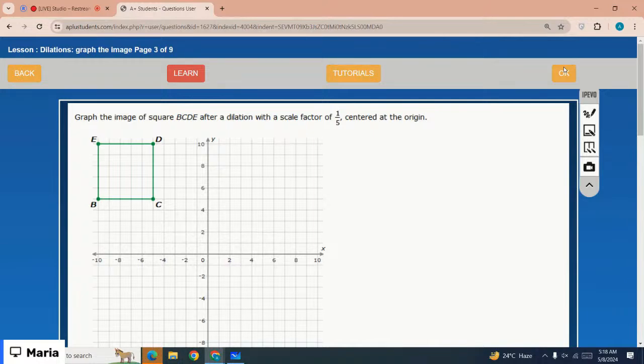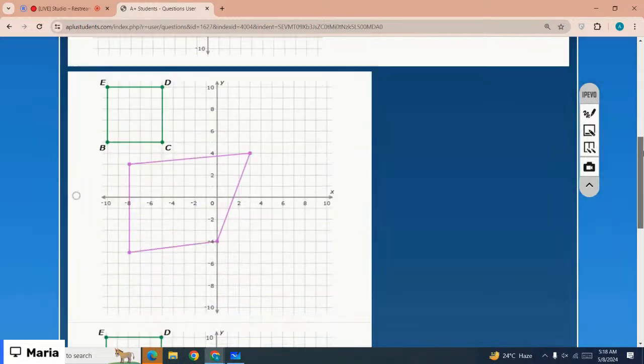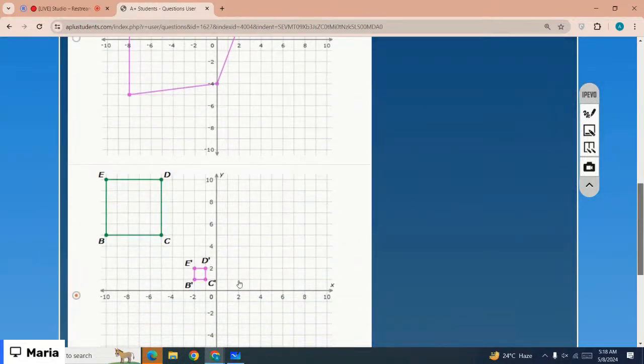The new square is smaller than the given one. Here is the dilated image because you need to divide all the factors by 5. So when you divide a number, you will get a smaller number. So the correct option is option number 2.